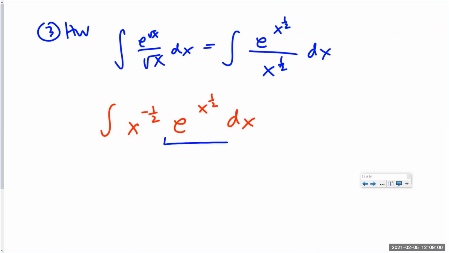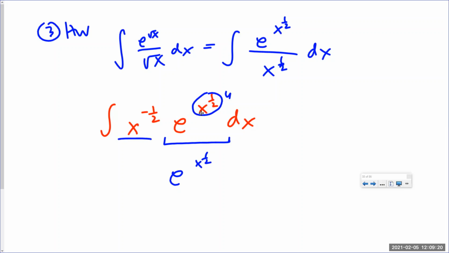Let's look at this. If I make this my u, do I have on my formula sheet an antiderivative of e to the u? What's the integral of e to the u? It's e to the u, but you have to divide by the derivative of your u here.